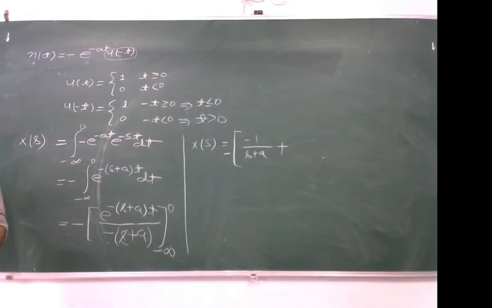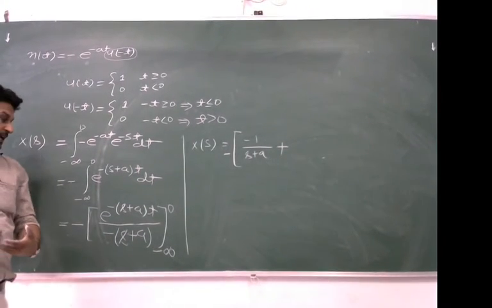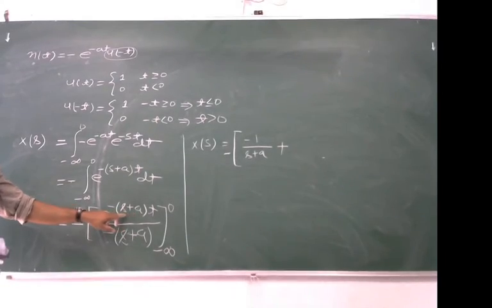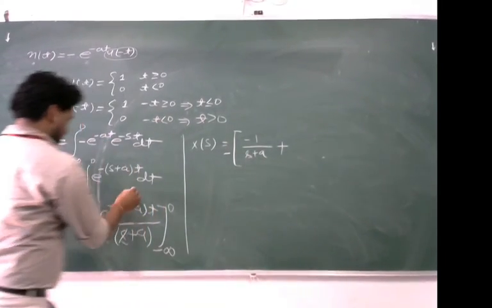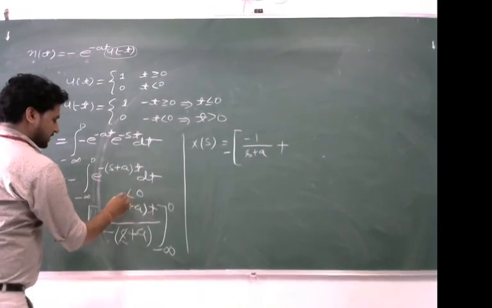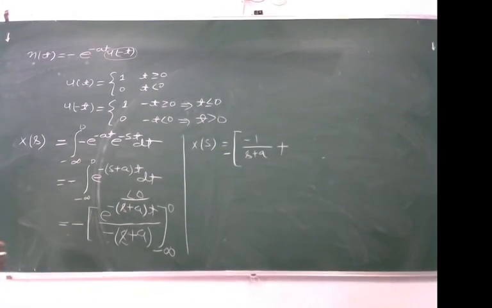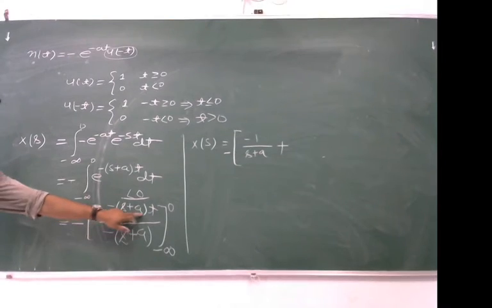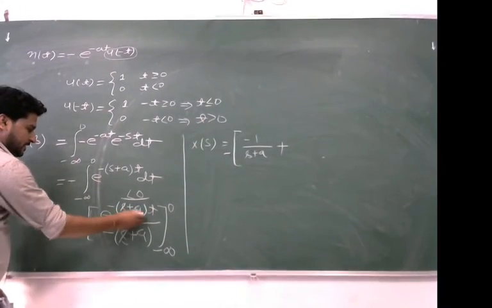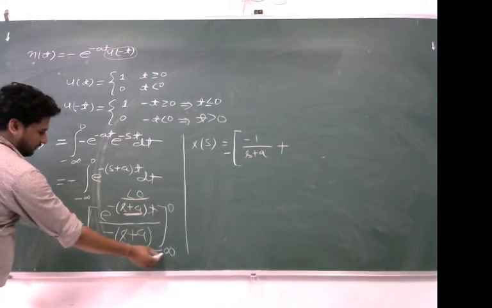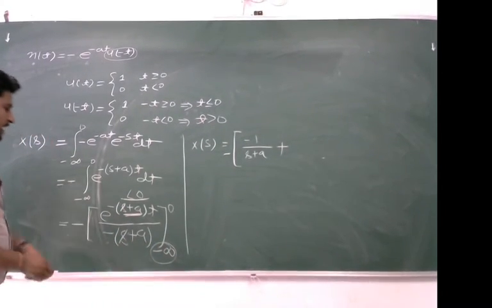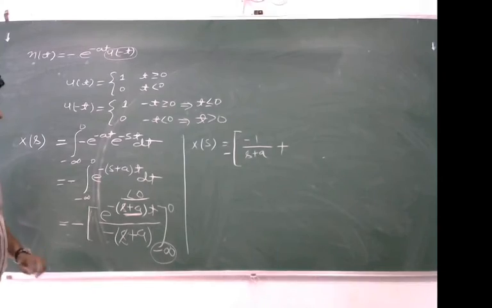For this integration to converge, s plus a should be less than 0. When s plus a becomes less than 0, the exponent will become negative, and this negative will become positive, and when I put t equal to minus infinity here, again this will become 0.